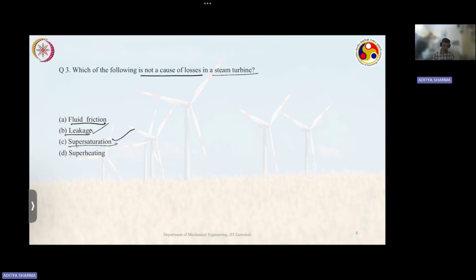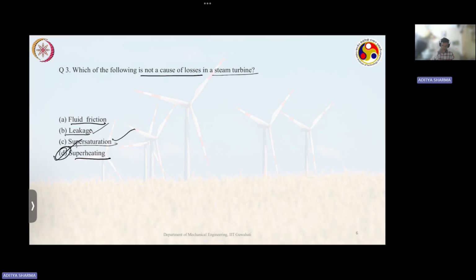Then supersaturation, we have seen recently that supersaturation somehow leads to reduction in the available energy. Then superheating. Whether superheating causes losses, this is the odd one out.